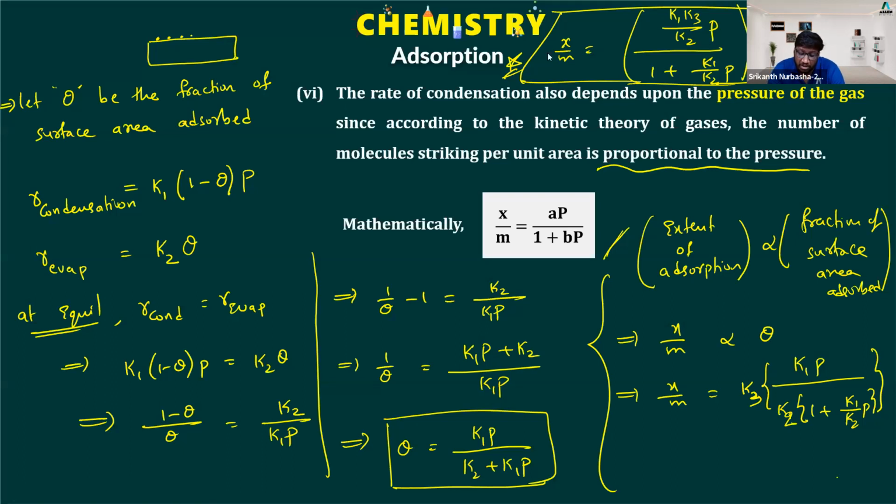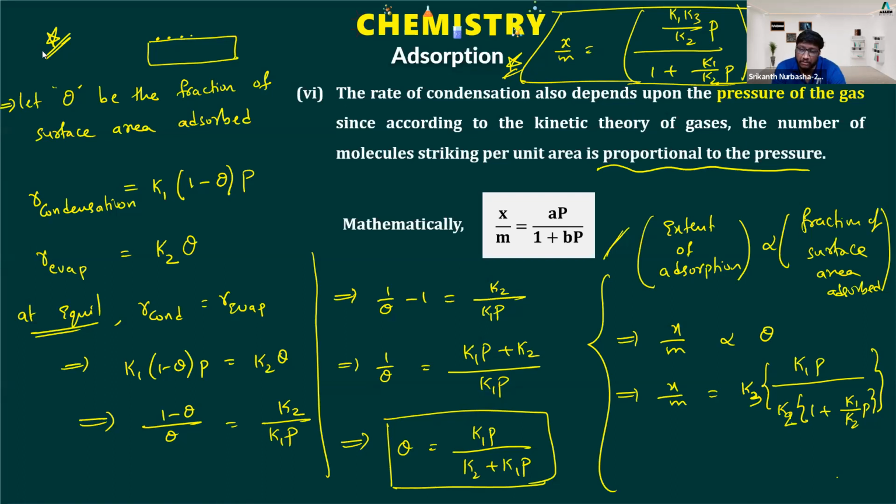The extent of adsorption x by m is equal to some constant a into P divided by 1 plus another constant b into P. So based on the Langmuir adsorption isotherm and the postulates given, you can actually get to this equation. Whereas the same type of equation in the Freundlich adsorption isotherm, or from adsorption in solution, can be written as x by m is equal to k into P power 1 by n, or x by m is equal to k into C power 1 by n.